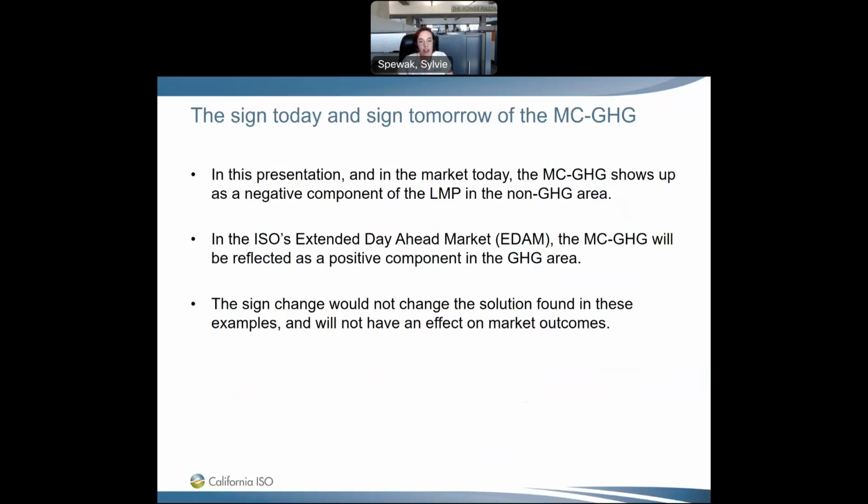The sign change is a difference in convention that makes it easier for us to calculate and settle costs in the market, but it does not change the solution found in these examples. It does not change the LMPs, and it will not have an impact on market outcomes. It's just something that I wanted to highlight for you, given that this is an Evergreen training and it will be on YouTube, hopefully, past when the extended day ahead market goes live. So it's important to note.